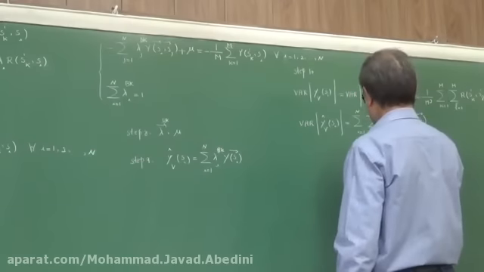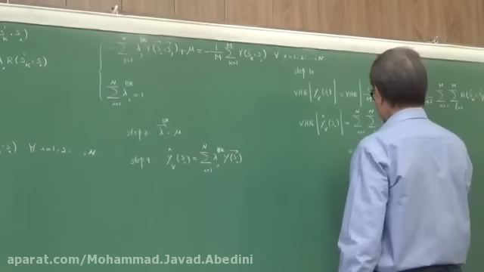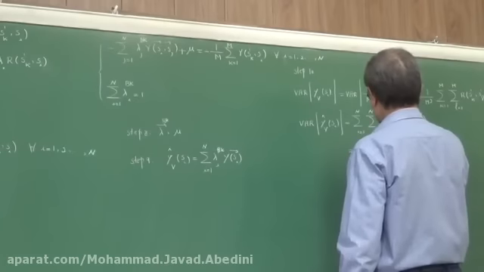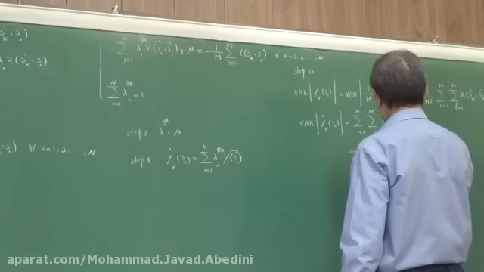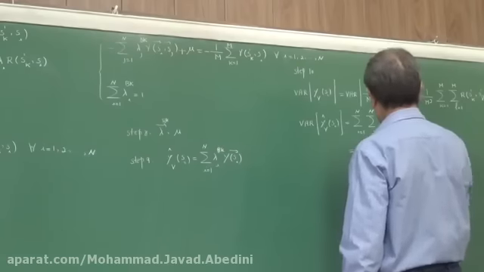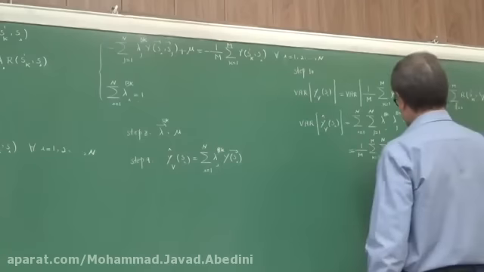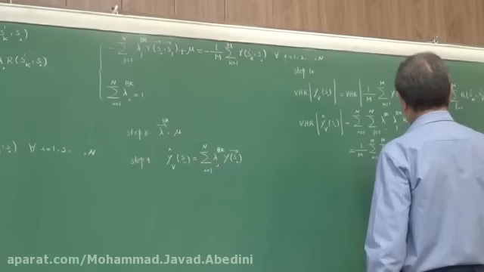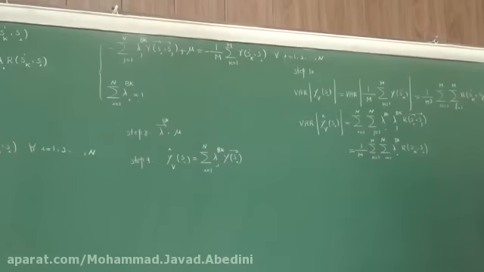It becomes 1 over m, summation k from 1 to m, summation i from 1 to n, lambda i, which is for bk, times r s prime k si, minus mu.